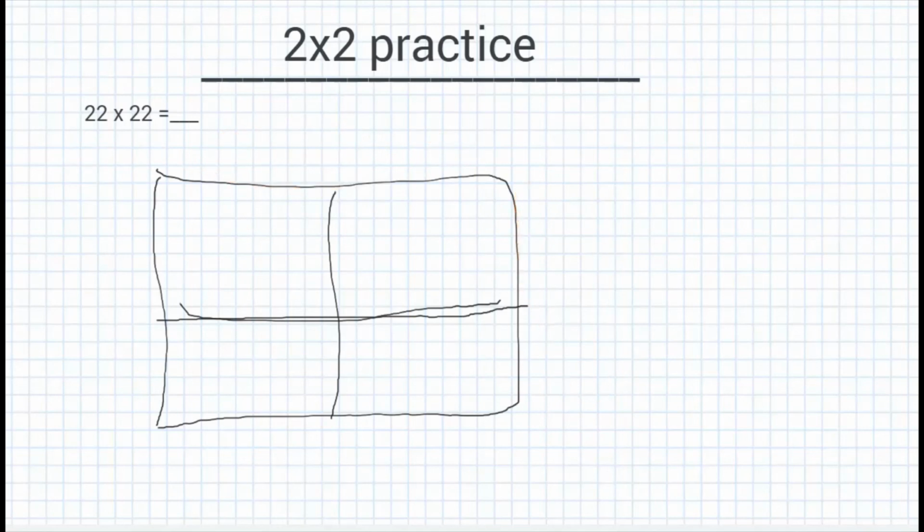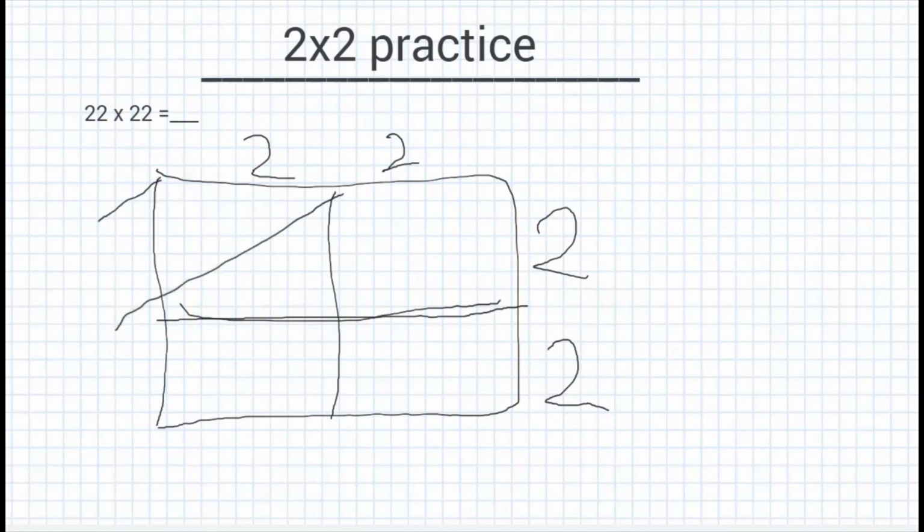And in this case, it doesn't matter because both of the numbers are the same. So 22 and 22. Okay, and then you want to draw the lines.